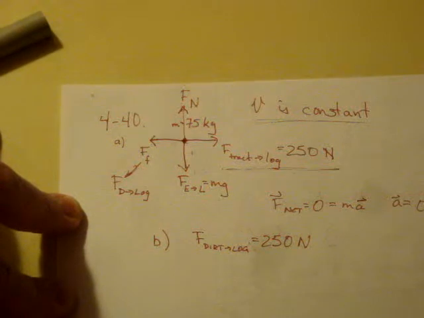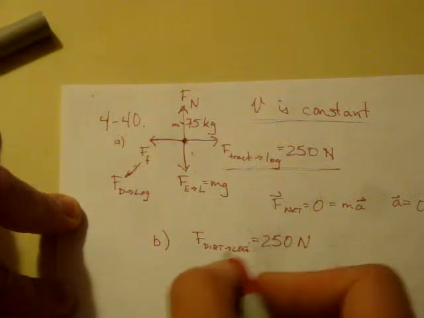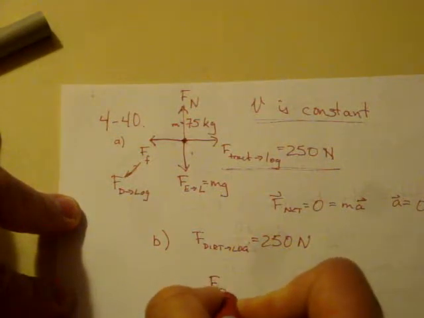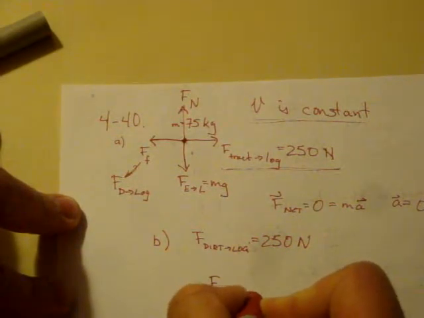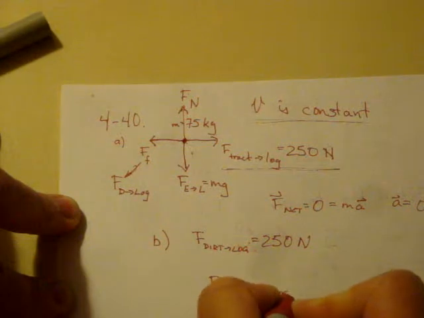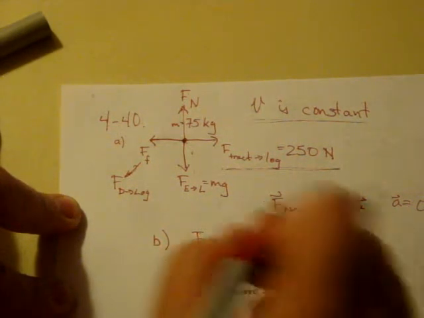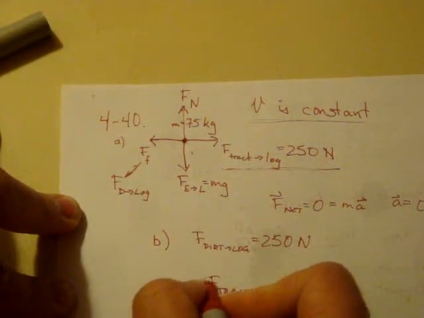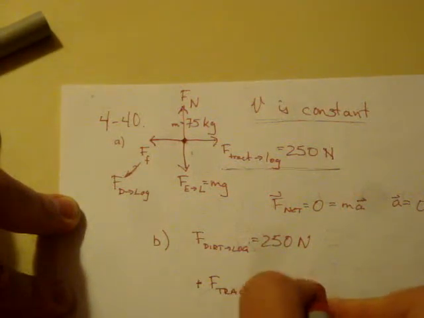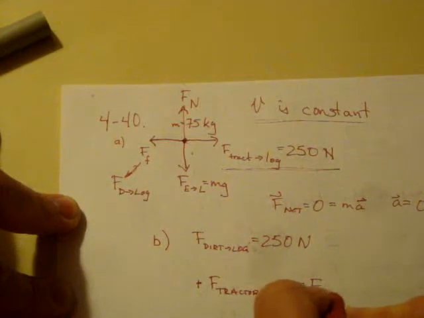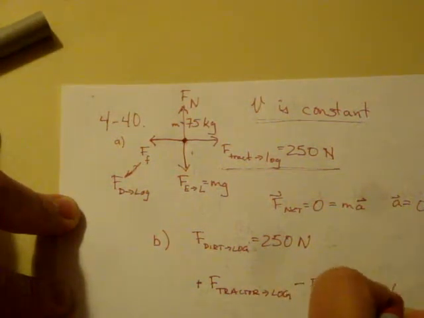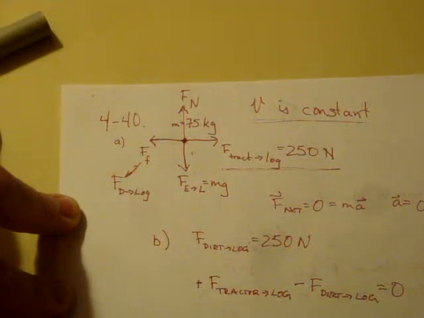If we wanted to be really particular and write that out, we would write out that the force of the tractor on the log, and that's to the right, so we'll call that a positive value, minus the force of the dirt on the log would be equal to 0 because there's no acceleration in the x direction.